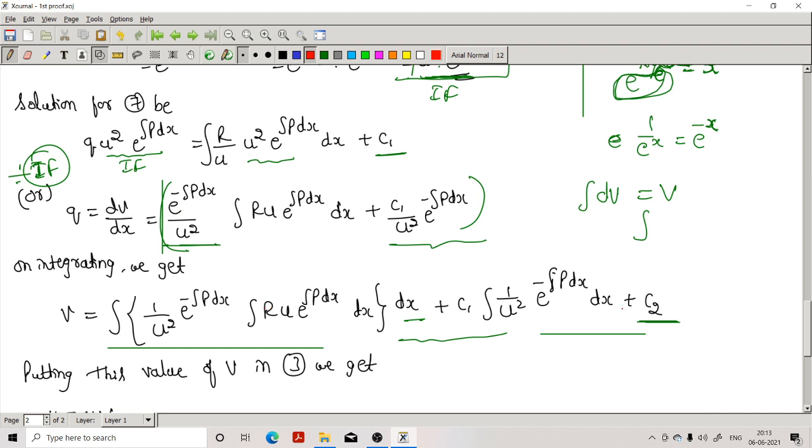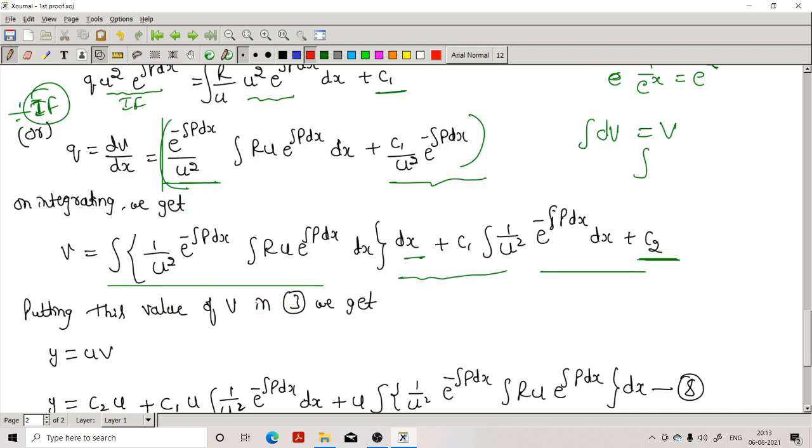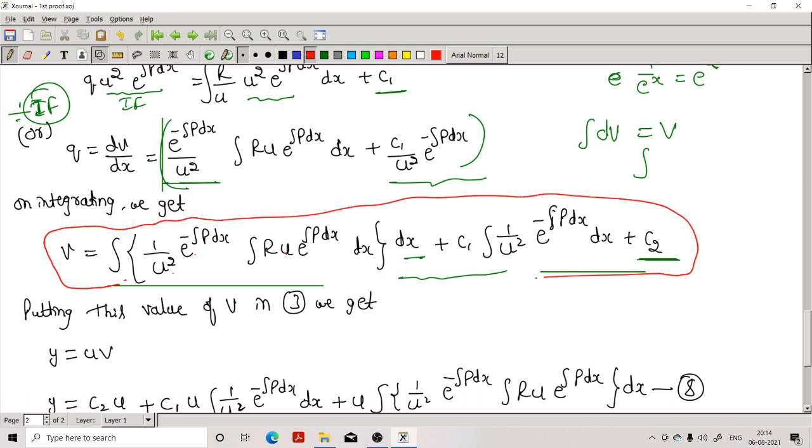Integration of this expression plus c2, which is nothing but the value of v. Clearly u is a function of x, these are all functions of x. With respect to x integration we will get the result in terms of x itself. Therefore this is the required value of v. What we wanted to find out was the value of v, and here we have obtained the value of v in terms of x.